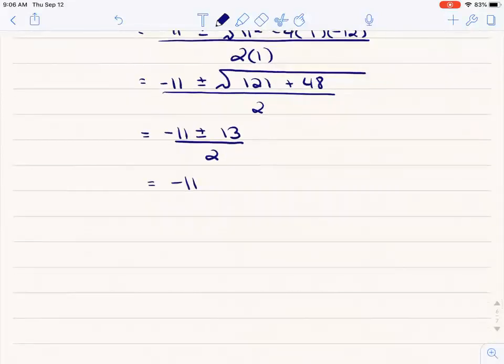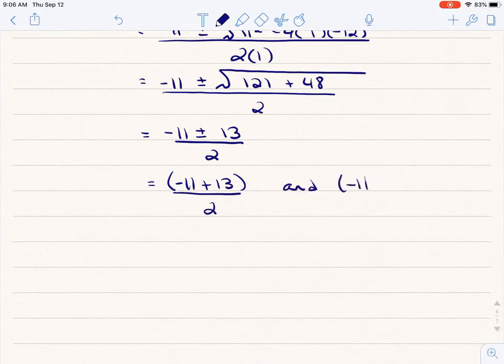-11 plus 13 divided by 2. How am I going to write this? Like this, probably. Divided by 2.